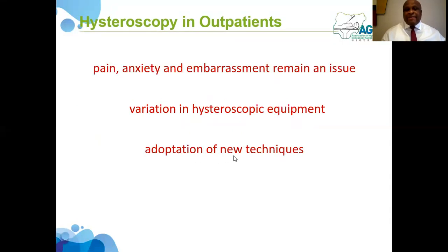However, pain remains an issue, and because these women are fully conscious, there is a degree of anxiety and obvious embarrassment when they walk into a room full of people. We therefore have had to change the way we work, adopt new techniques, and make the procedure much more comfortable so that patients will be able to tolerate this while fully awake.